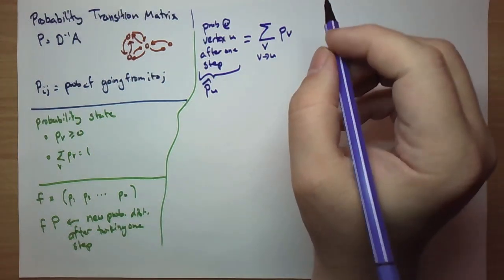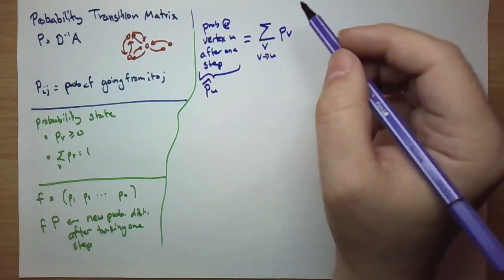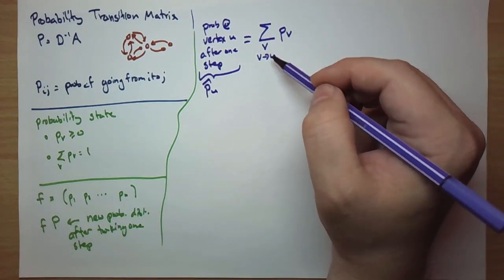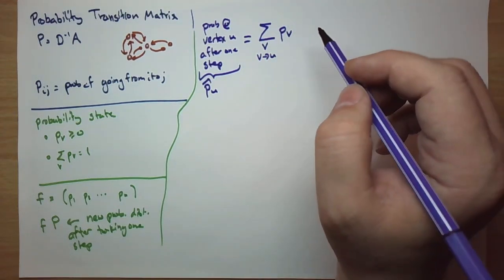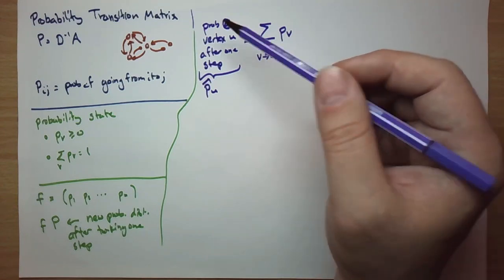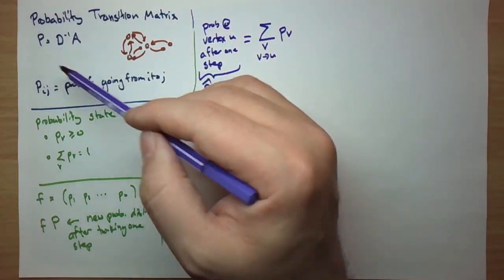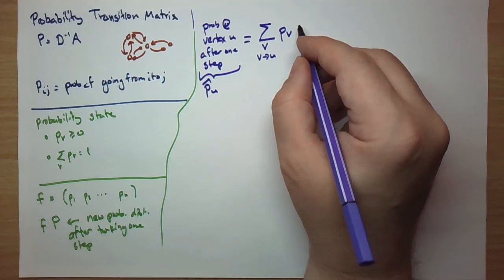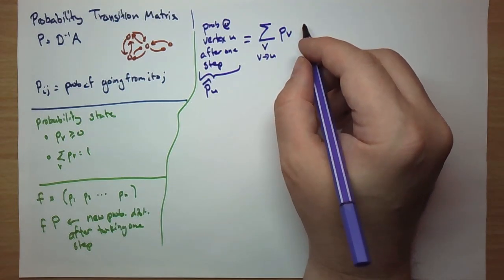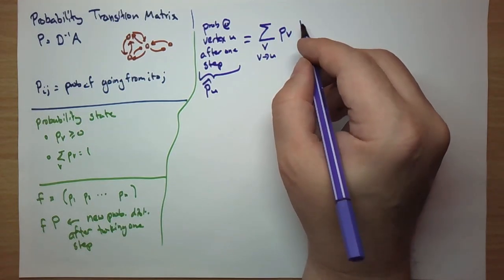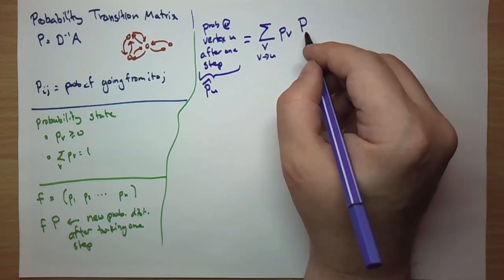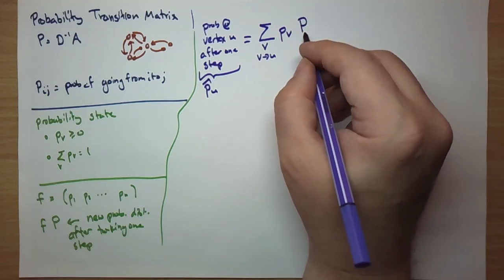Sure. And okay, so it's P_VU, the probability that you transition from V to U. And so we actually have a way to talk about that. That's back in our matrix P. Now you'll see why my uppercase P's and my lowercase p's look really similar, and I apologize for that.